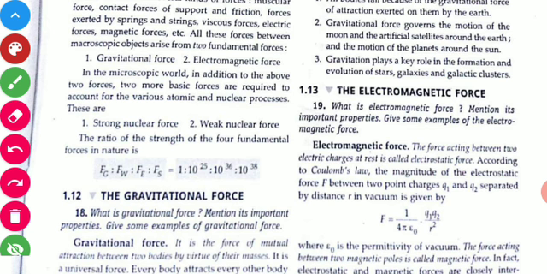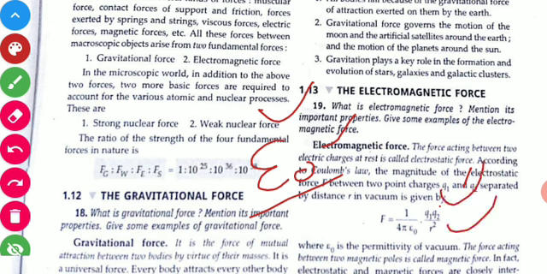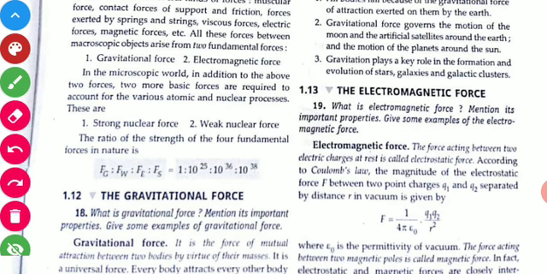The symbol is epsilon naught and the name of the quantity is permittivity of free space. Q1, Q2 are the charges, R is the distance between them. In this manner, we can find out the force between two charges.